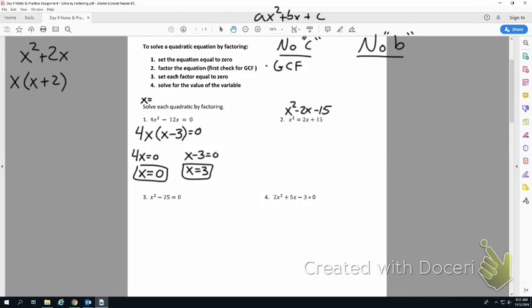I'm going to take my a value, which is what? Alright, so I'm going to do 1, my a value, times my c value, which is negative 15. After that, I need to figure out what factors of negative 15 add up to negative 2.